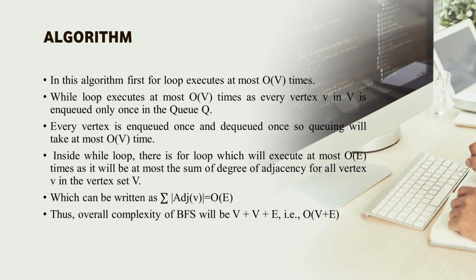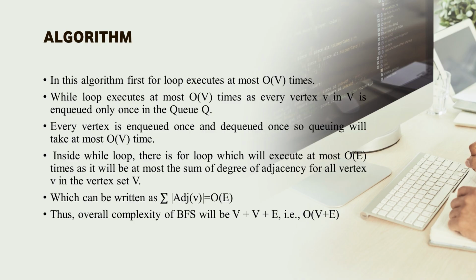Inside the repeat loop, there is a loop which will execute at most O of E times, as it will be at most the sum of the degrees of adjacency for all vertices V in the vertex set V.